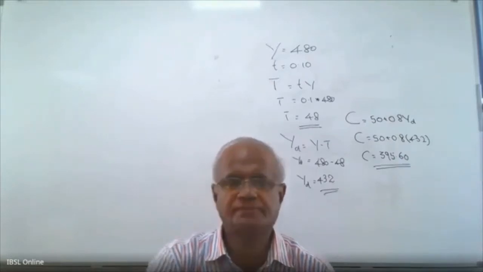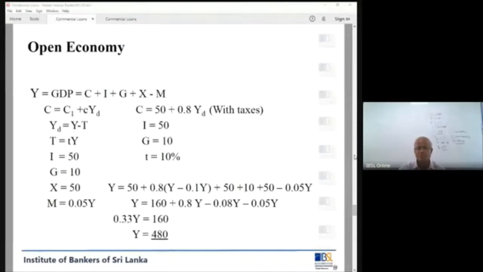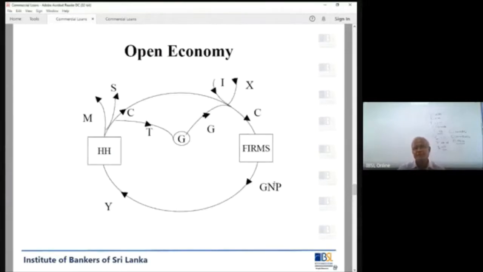You can calculate this. Everything can be calculated. This is 480: disposable income, consumption, investment, exports, government expenditure. Then you can balance the circle. All the numbers can be calculated. Tax revenue is 48. Then government expenditure 110.